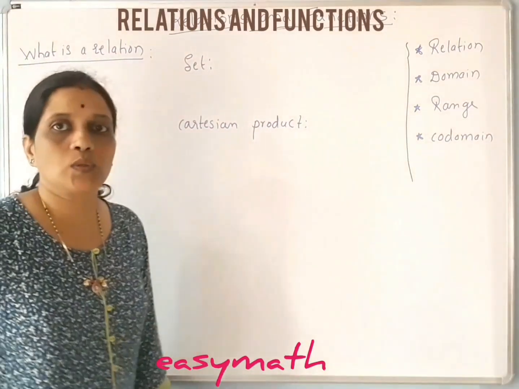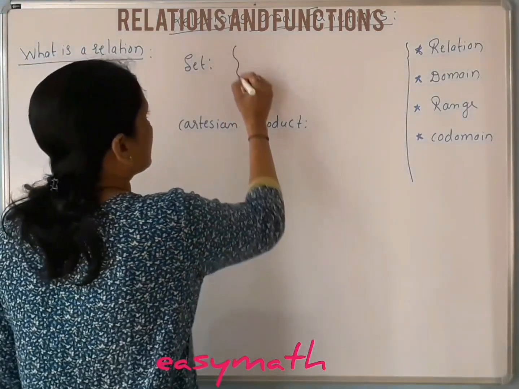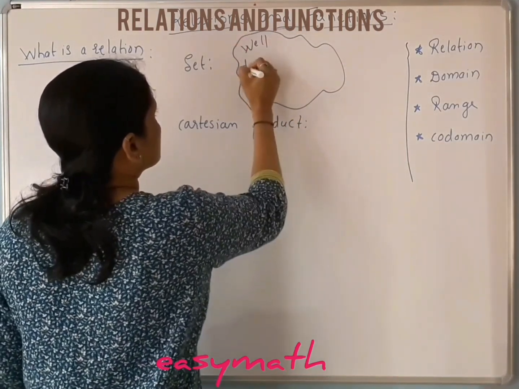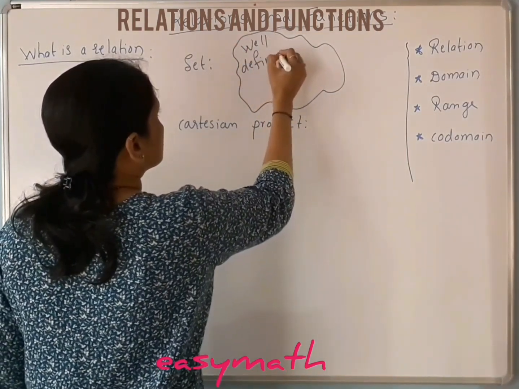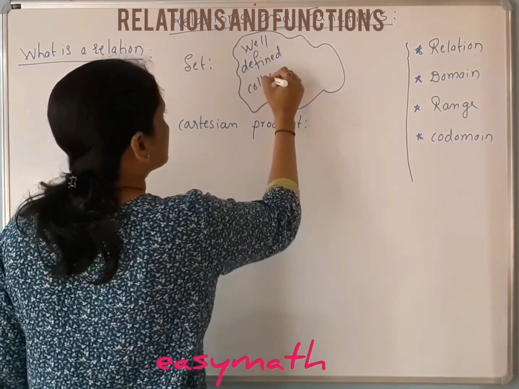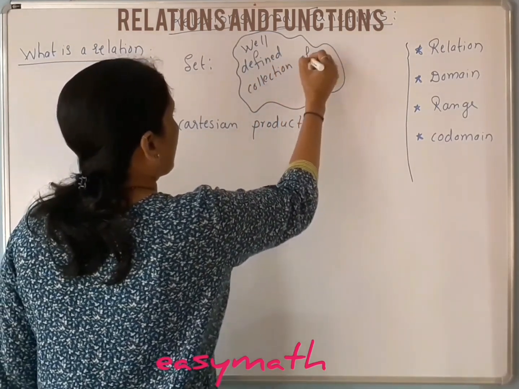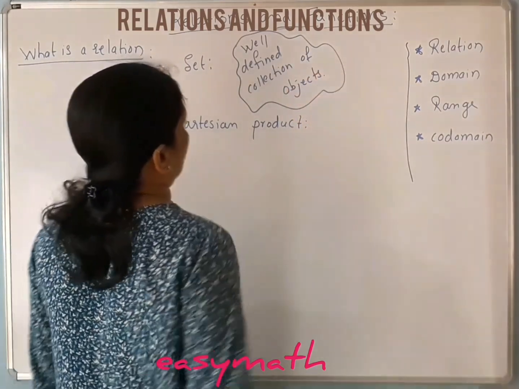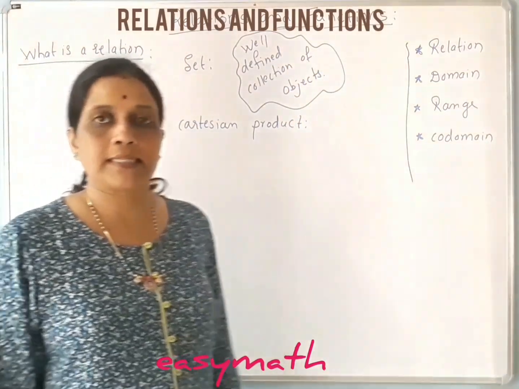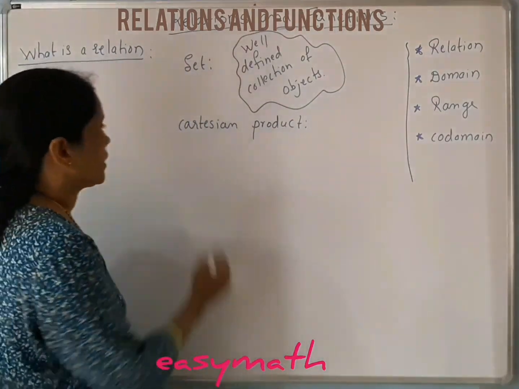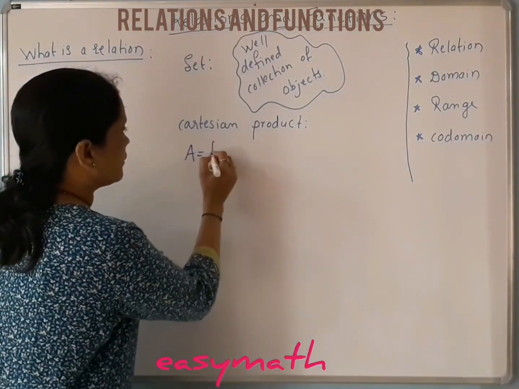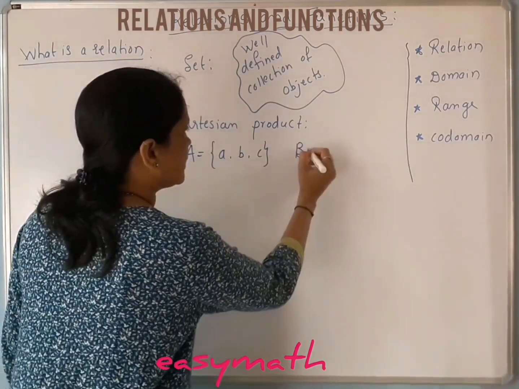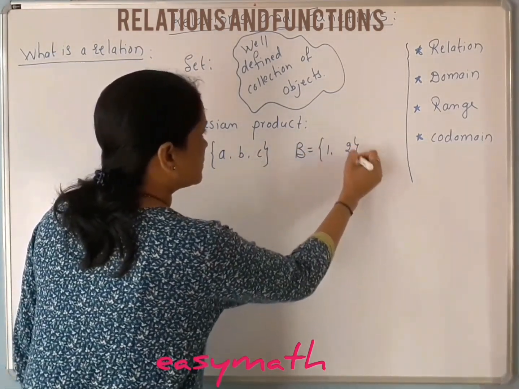Already you know set is a well-defined collection of objects. Then what do you mean by Cartesian product? Suppose I write A as {a, b, c} and B as {1, 2}.